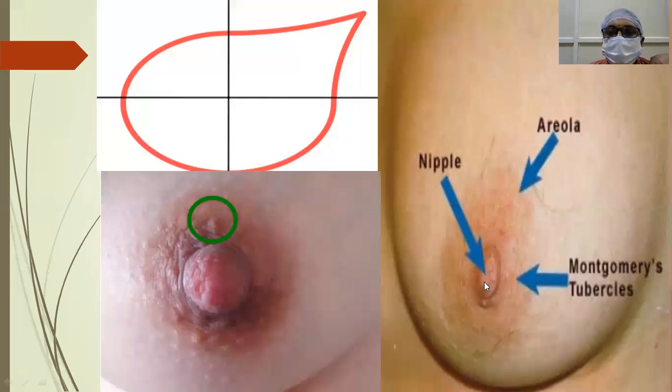Okay, so look at this is the nipple, the areola, and you can see elevated papules like thing. Here you can have a clear look. These are Montgomery's tubercles. They produce an oily sebum-like substance which provide lubrication to the nipple.